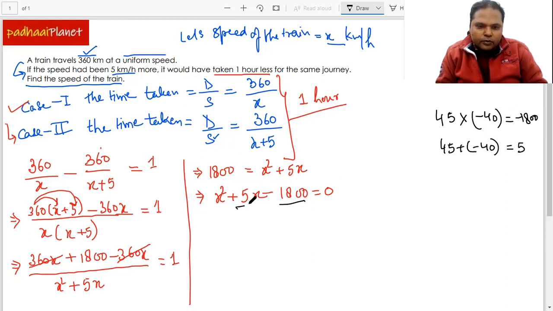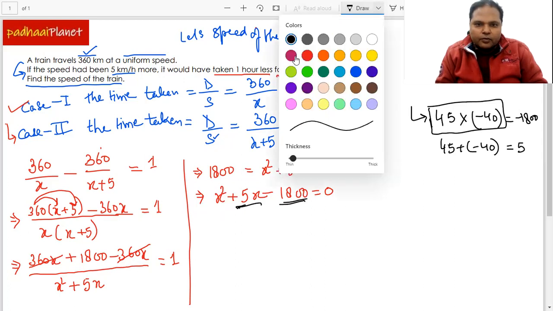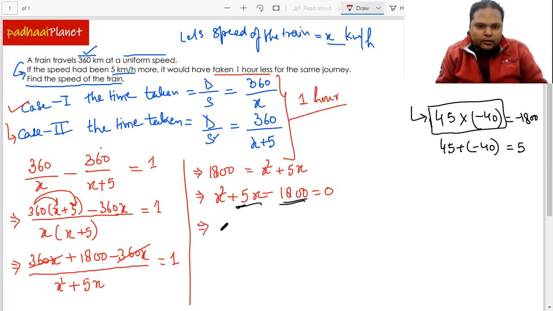So both our conditions are getting satisfied with 45 and negative 40. So let's split, or expand, 5x into these two factors, so we will be able to solve the question further. So that's x square plus 45x minus 40x and minus 1800, and all of it equal to 0.